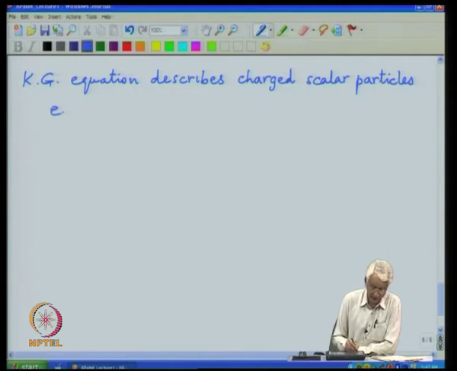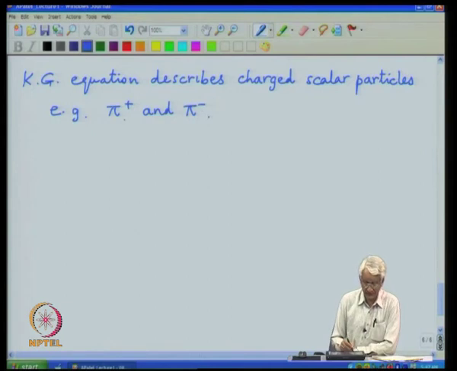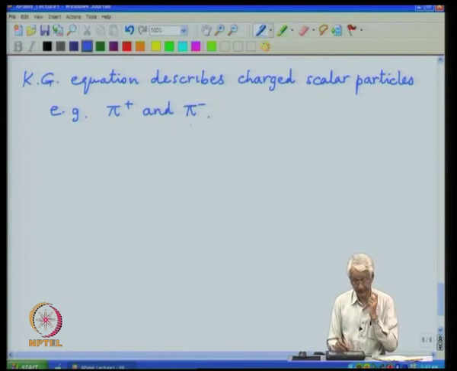For example, the charged pions which appear as pi plus and its antiparticle pi minus. These can be very well described using Klein-Gordon equations. They have only the space time degree of freedom. So, that is why they are labeled as scalars. They do not have any spin associated with them, but they do have this particle antiparticle degree of freedom, which is associated with the value of the charge.